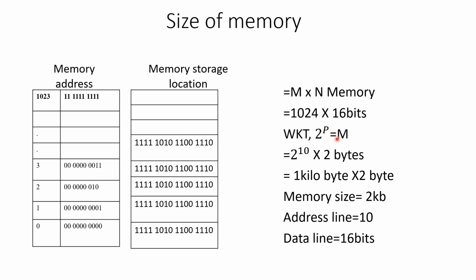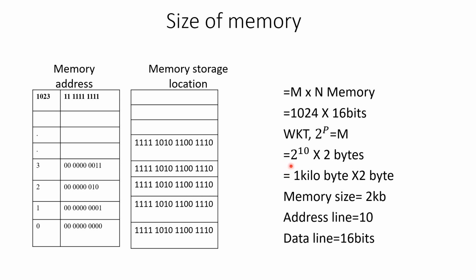We already know m equals 1024. Substituting, 1024 is 2 power 10, so the number of address lines is 10. So 2 power 10 into 2 bytes we got. We already know 2 power 10 equals 1 kilobyte.